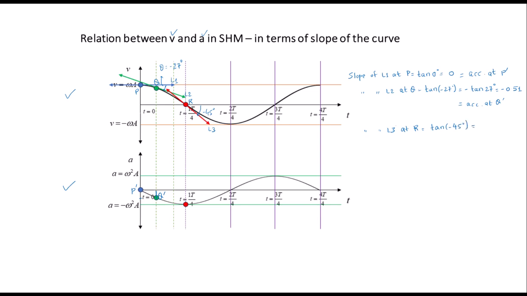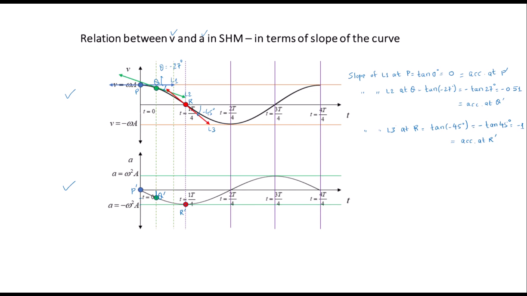Tan of minus theta again is minus tan theta, so this will be minus tan 45 degrees. And we know that tan 45 is 1, so this will be negative 1. The corresponding point R dash on the AT graph is given by this red point, and the value of the acceleration is negative 1. So I can safely write this as the acceleration at R dash.